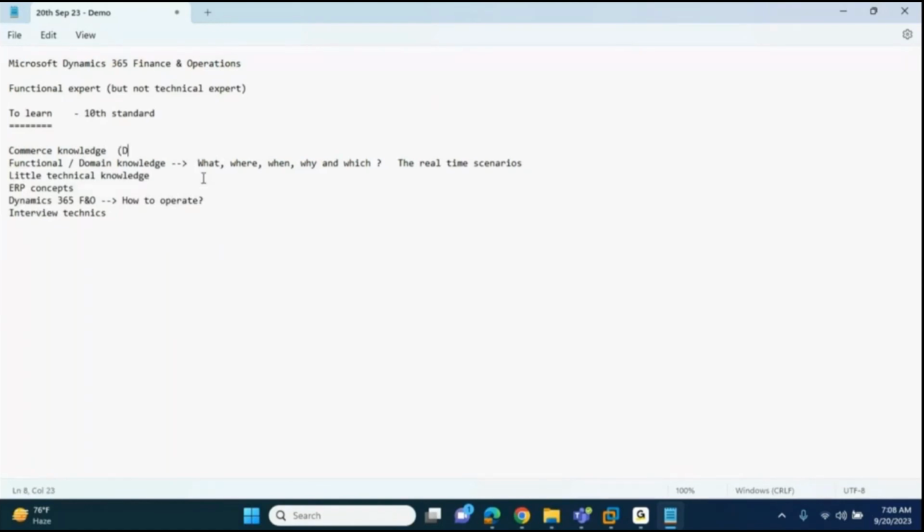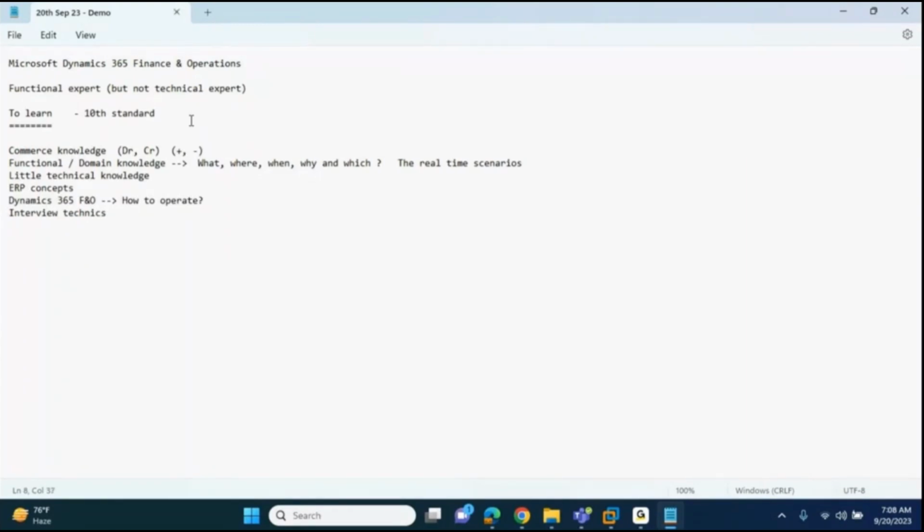Now you may have a doubt immediately: I have not completed my BCom, I don't know what is this debit and credit.